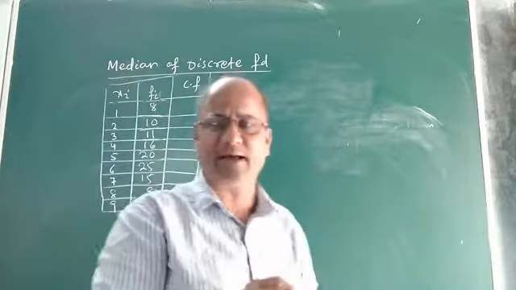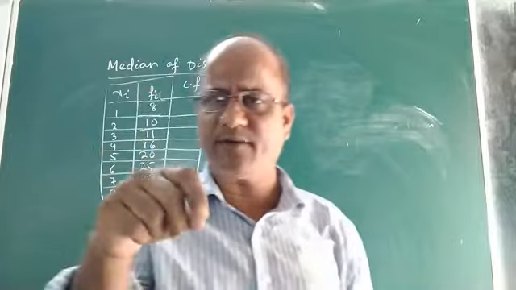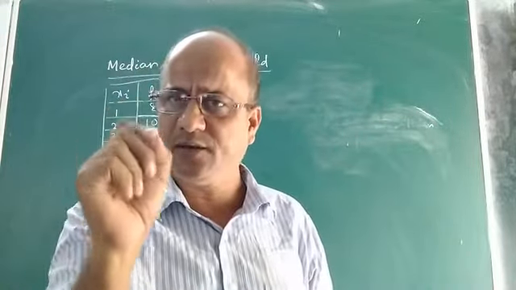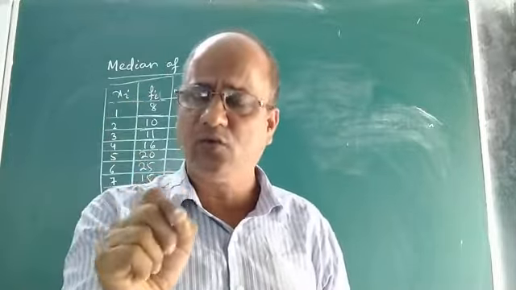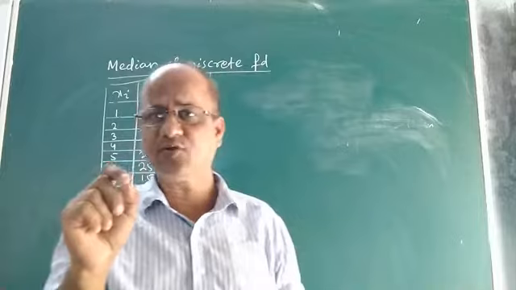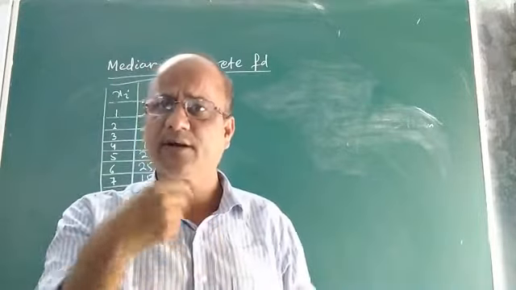Children, you know what is median. Once again I am revising what we had read in junior classes. Median is that middle value or the middlemost value of a distribution which divides the distribution into two equal halves. What does it mean?